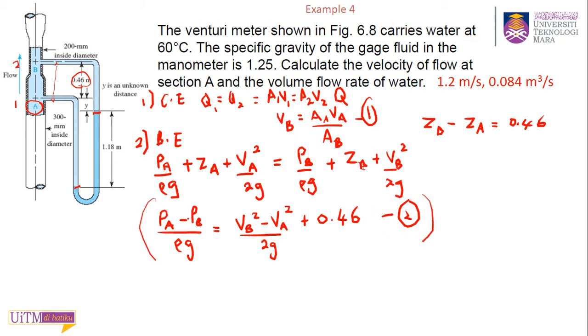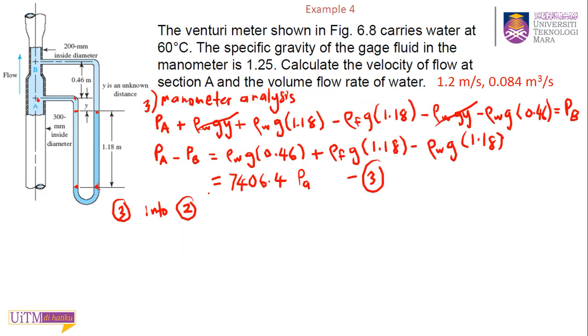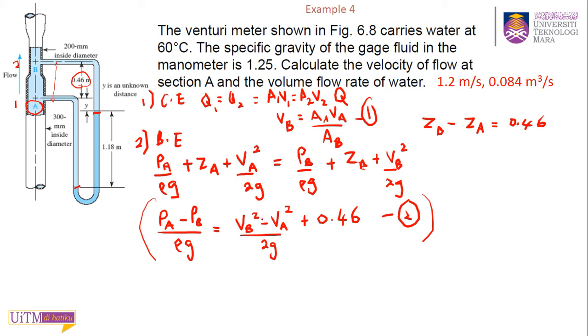Okay, PA minus PB, so you have your value for PA minus PB 7406.4, and you want to find velocity at A kan, pastinya you want to find VA, so that's why I write this VB in terms of VA. You need to substitute VB in terms of VA inside this equation.